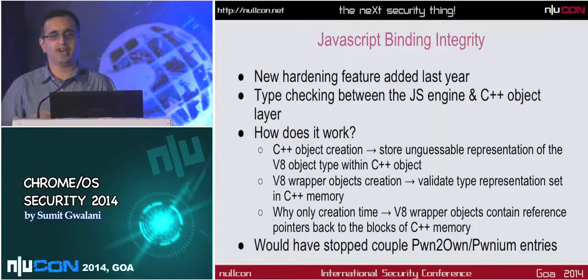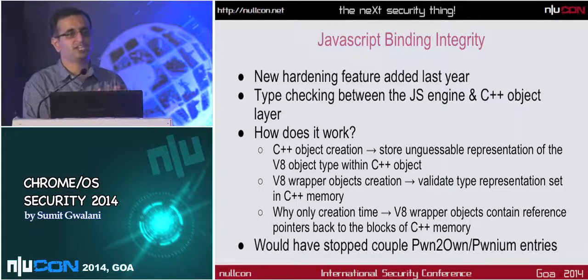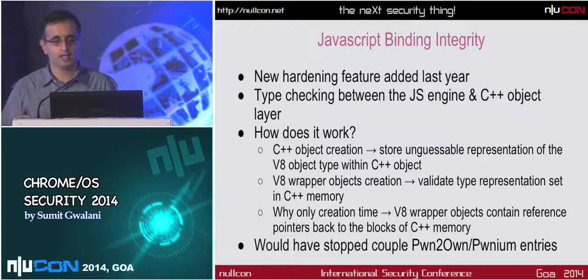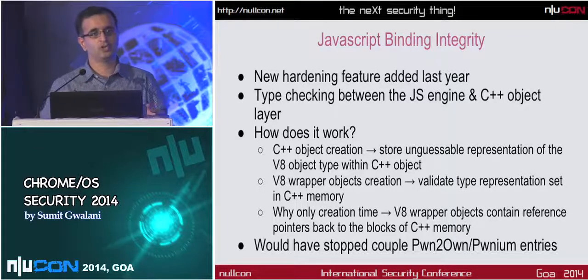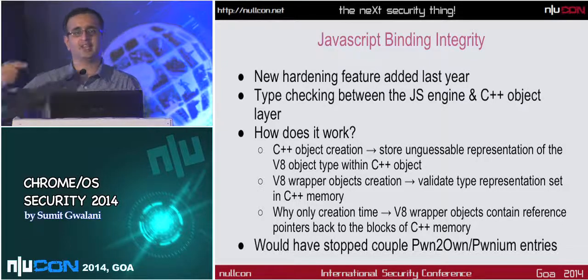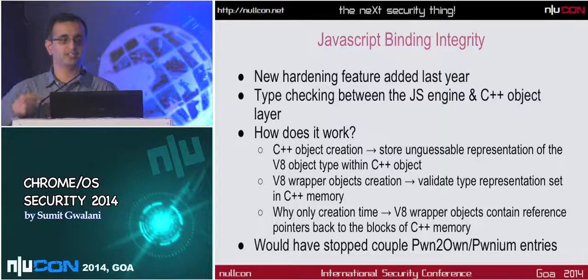And why is it okay to only do it at creation time and not at every call? Luckily for us, in V8, the wrapper objects contain reference pointers back to the C++ object. So you can ensure that it is still in memory and you don't have to keep checking on every single call. Otherwise, the performance risk would be high.